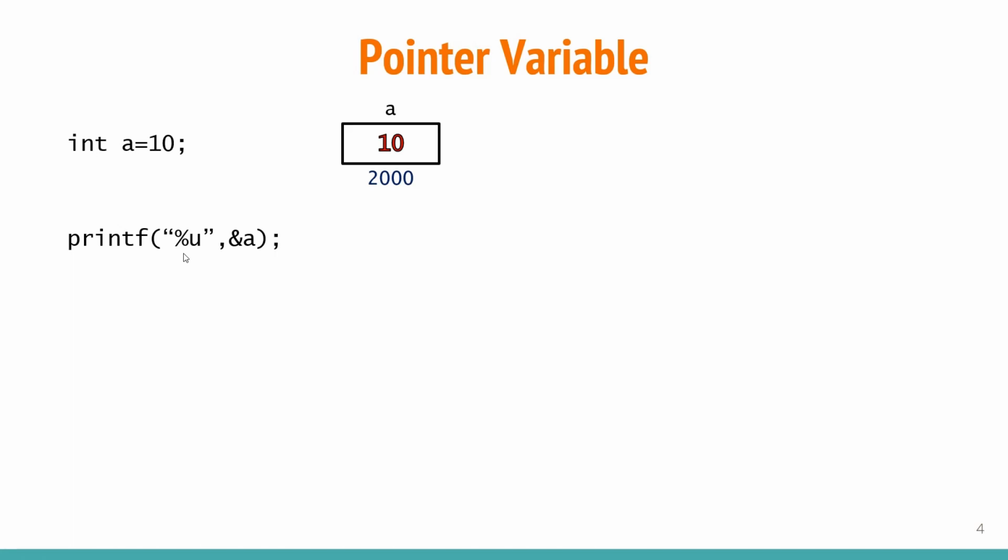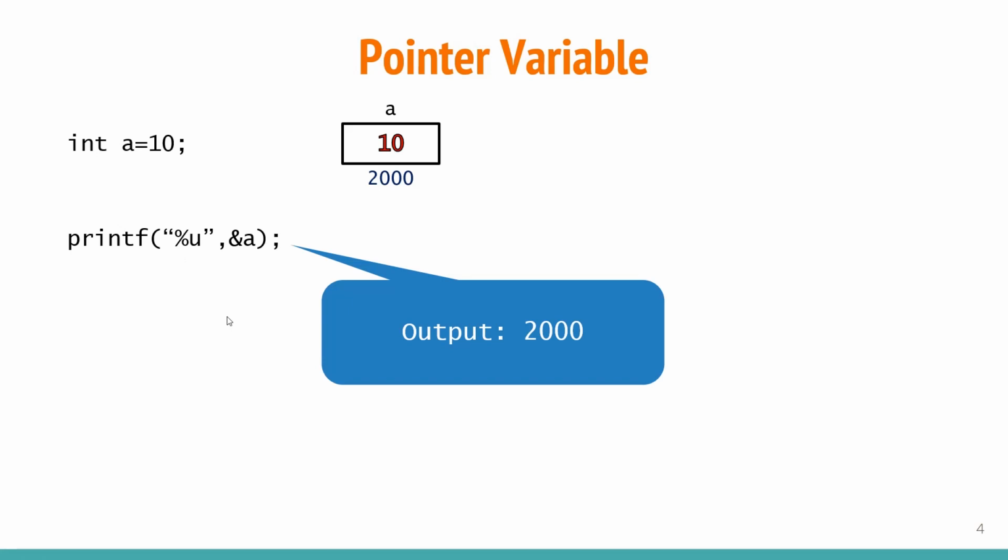So the important point to be noted here is whenever you are printing the memory address, we should always use %u. Hence, what does this statement print? This statement prints the address of a. So instead of printing 10, it prints 2000.